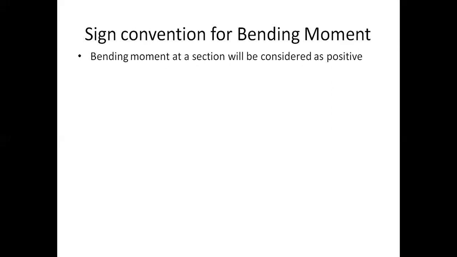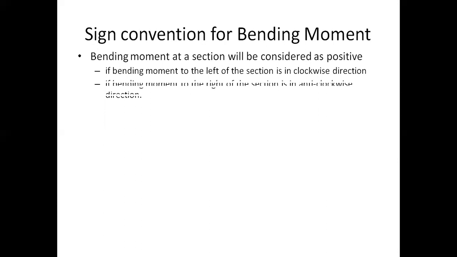So a positive bending moment is when the bending moment to the left of the section is in clockwise direction. Left hand side and clockwise direction, then we will call it a positive bending moment.